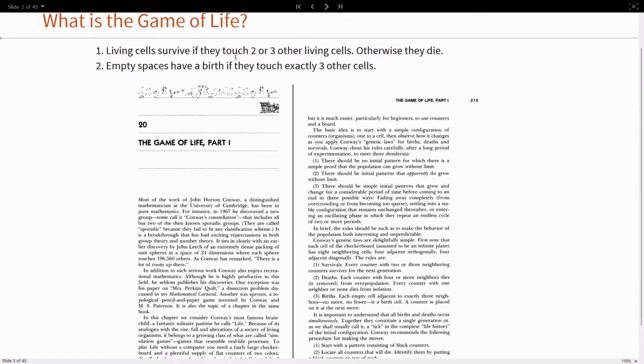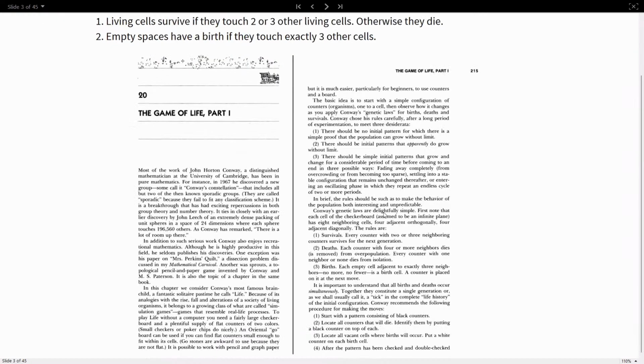Otherwise, the cells die if they're crowded or if there's not enough other cells around them. Empty spaces will birth a new cell if they touch exactly three living cells. And he goes into detail on the rules for the Game of Life here.